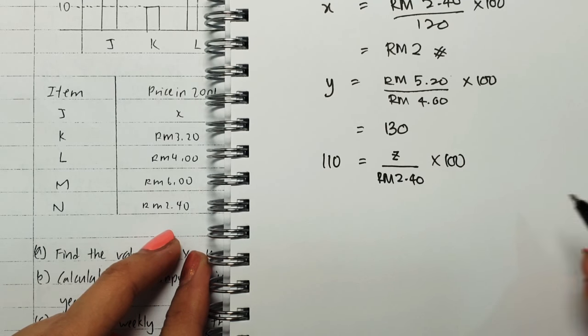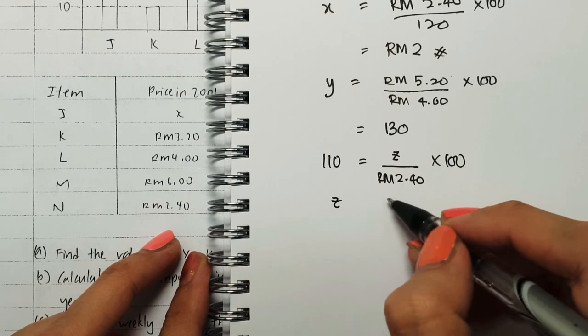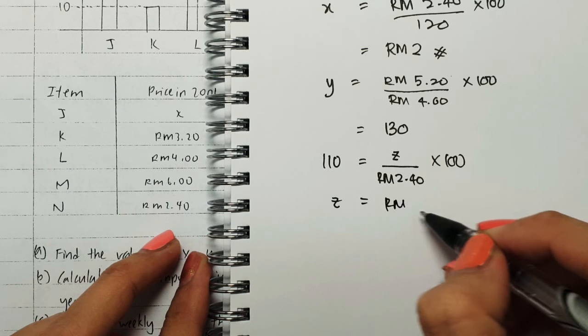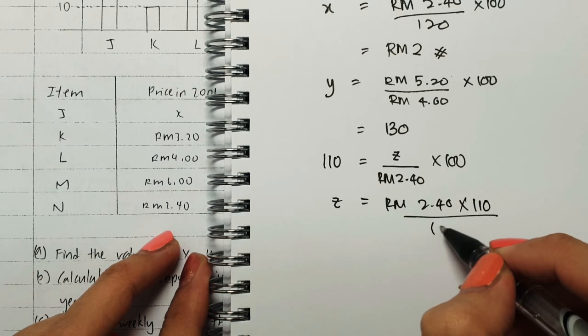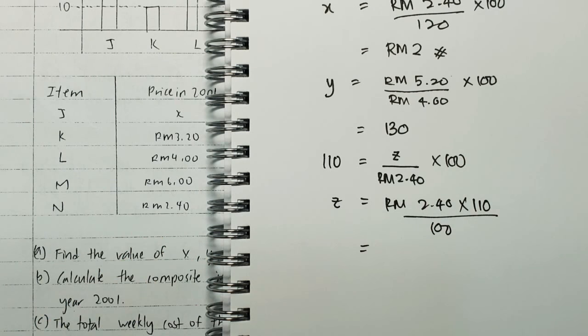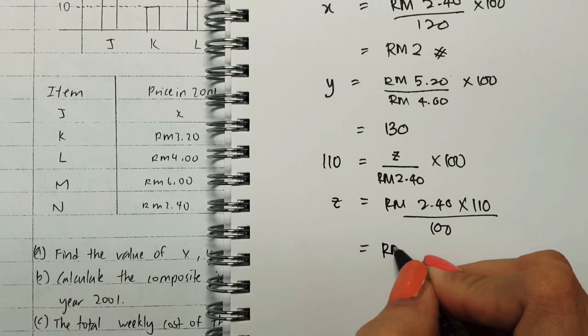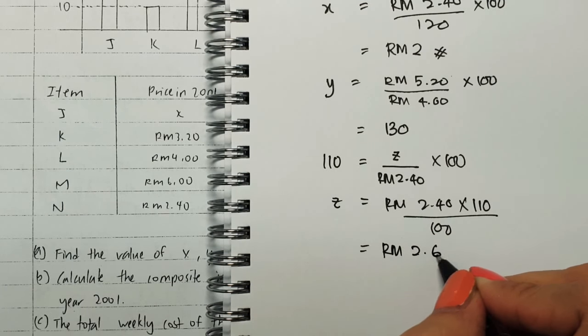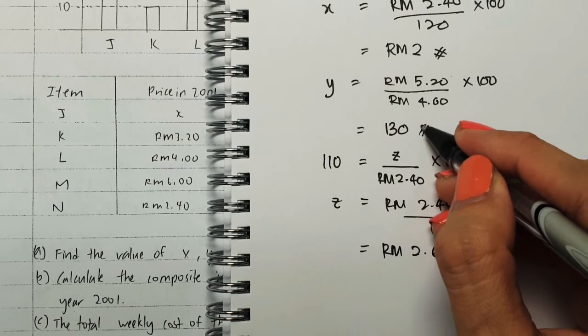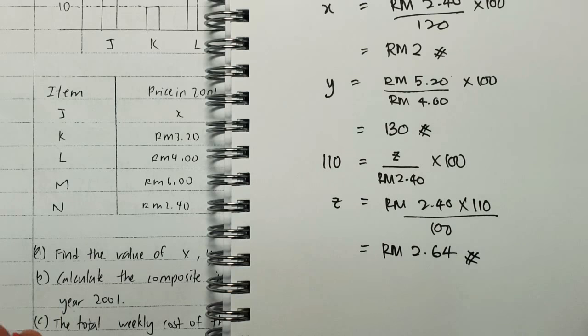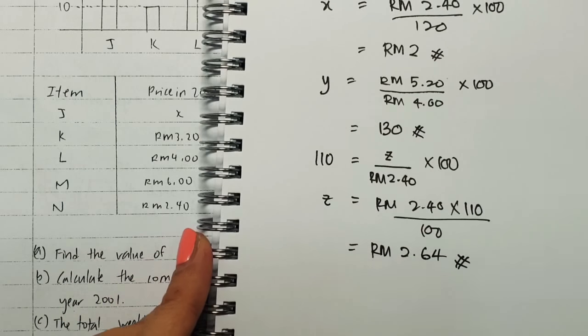So to find z, everything goes up: 2.40 times 110 divided by 100. Use the calculator, and we get 2 ringgit and 64 cent. So we found our x, y, and z. That is always the question asked in the first part.